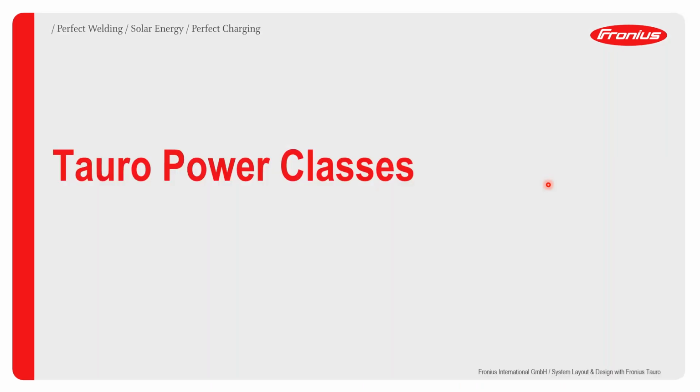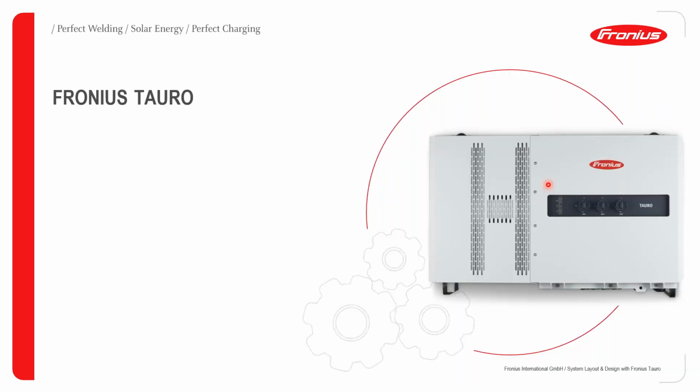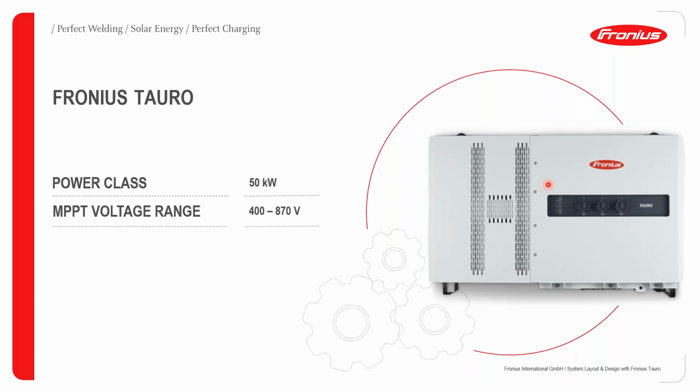So going forward, let's look at the available Tauro power classes. And we start with what we refer to as the Fronius Tauro standard. The Fronius Tauro standard is available in the 50 kilowatt power class only, with an operational MPP voltage starting from 400 to 870 volts.